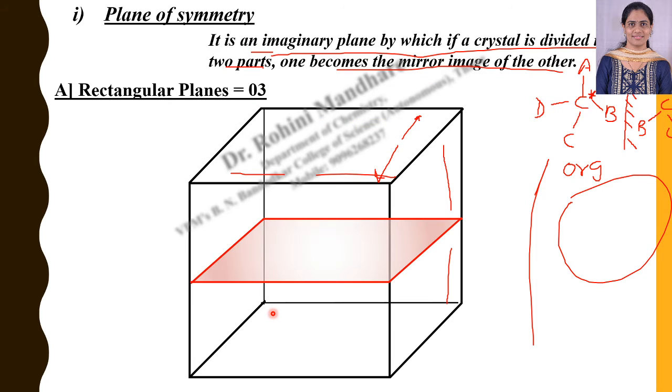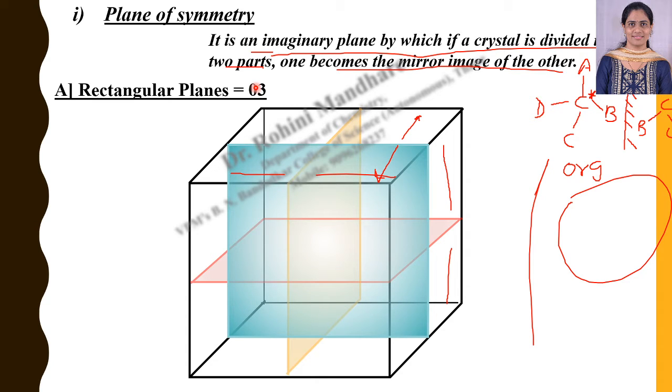So the plane of symmetry we have seen. There are different planes, rectangular planes. If we take a cubic system, there are three rectangular planes. You can check that these three are the rectangular planes of the molecule. So what is a plane? It is an imaginary plane by which a crystal is divided into two parts.